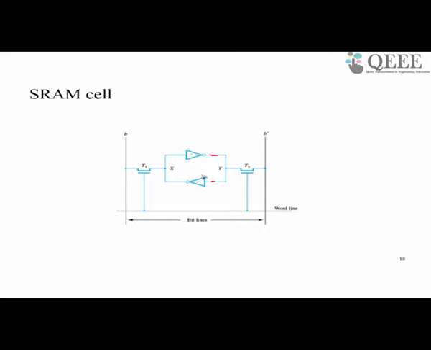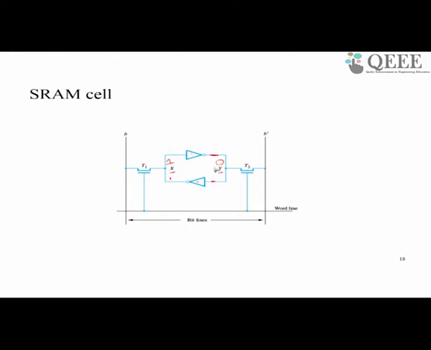Let us call the two outputs of these inverters X and Y. Let us assume that X is equal to 1, then this inverter will invert the value of X, which is 1, and produce a 0. Now Y takes the value 0, then this inverter will invert the value of Y, which is 0, and provide a 1, which is the value of X.